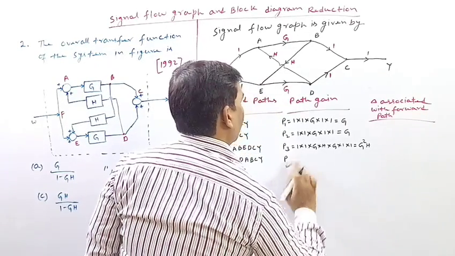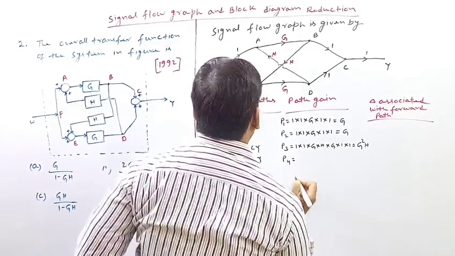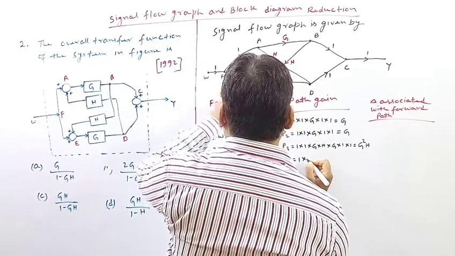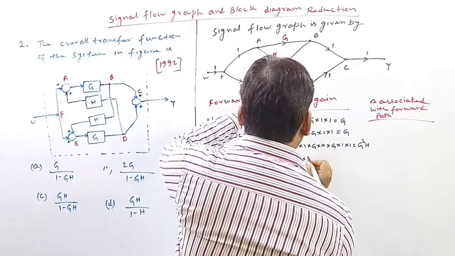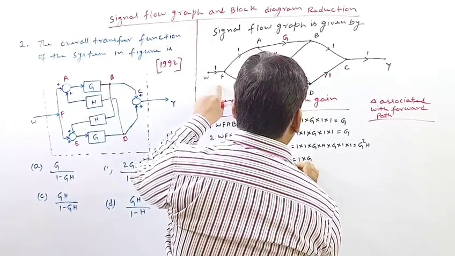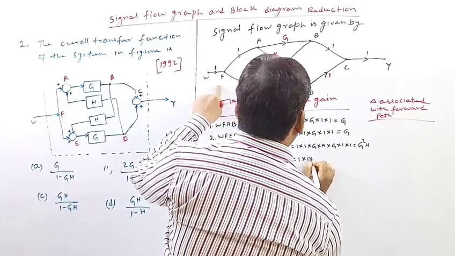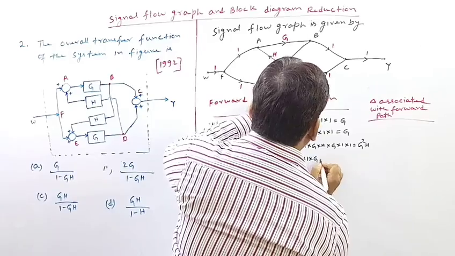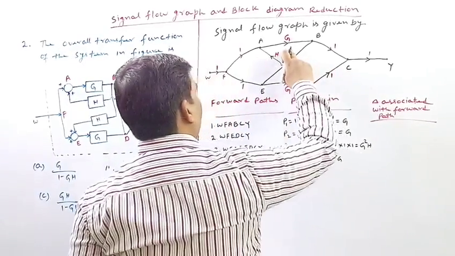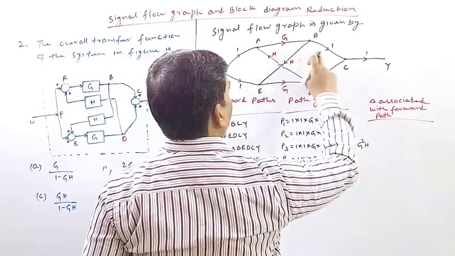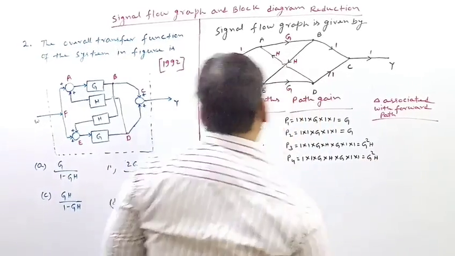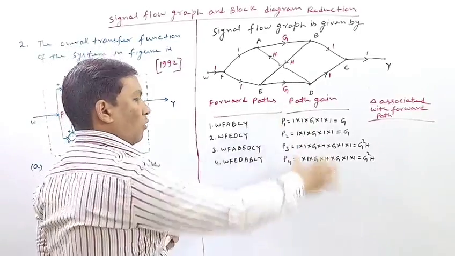So what will be P4? The value of P4 will be, again we can see, 1 multiplied by again 1, multiplied by G, multiplied by 1 multiplied by 1 multiplied by G multiplied by again H multiplied by G, multiplied by again 1 multiplied by again 1, so it will be G square H. So there are 4 forward paths.